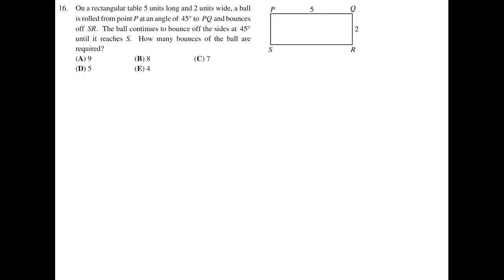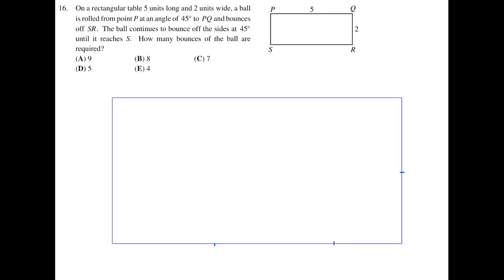All right, so let's draw this diagram a bit bigger. All right, let's label this now. This is P, this is Q, this is R, this is S, this is 5, and this is 2. Now, this question essentially says that first you start off at P, and you start traveling at a 45-degree angle to PQ.